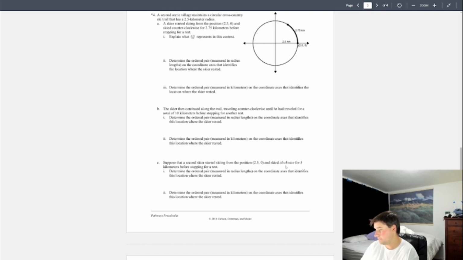But once I solved for theta, -5 divided by 2.5, -2. I had my radians for a pair measured in radius lengths. Radius lengths.